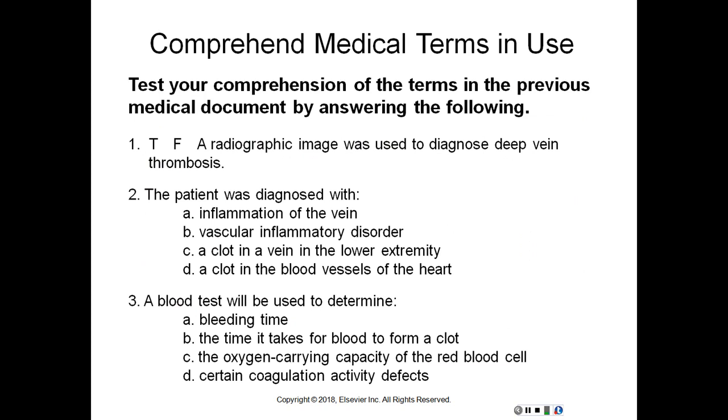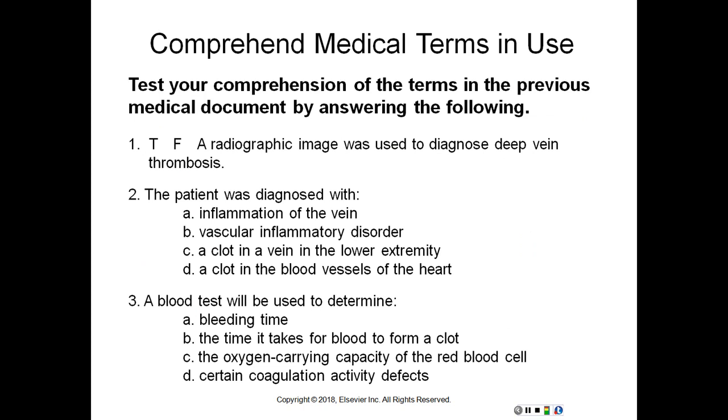True or false? The radiographic image was used to diagnose deep vein thrombosis. And in this case, again, if you have to reread, that's fine. It was not, so it's false. It was by the Doppler ultrasound, so not an actual radiographic image. Number 2, the patient was diagnosed with what?